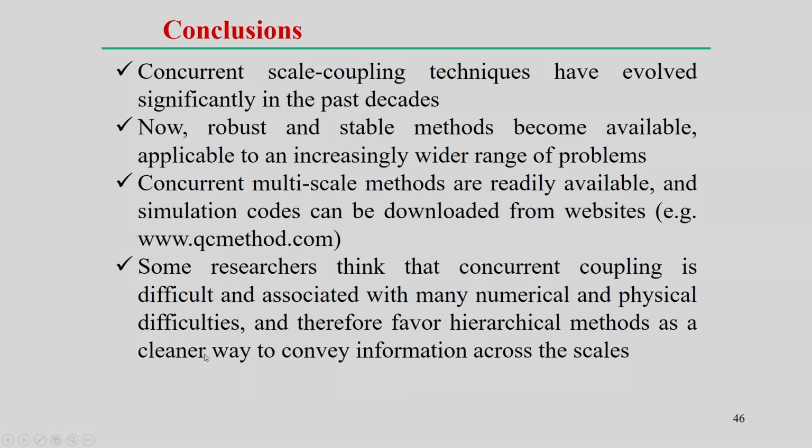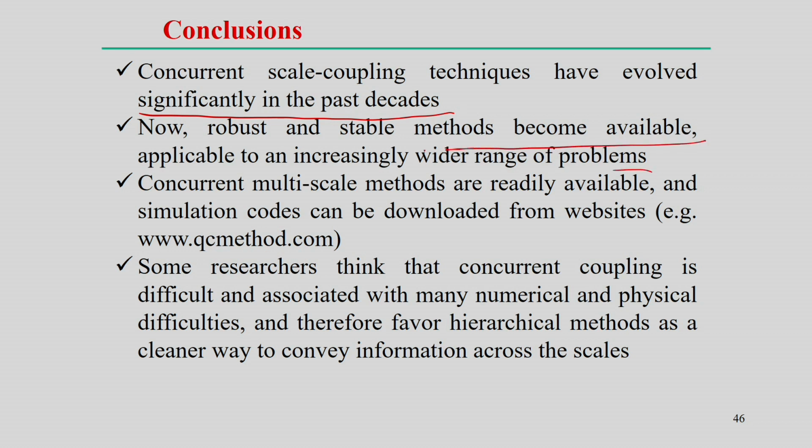Now, from these different modeling approaches at different scales, we can make some conclusions, namely on concurrent scale coupling. Concurrent scale coupling techniques have evolved significantly in recent decades. People have tried to use concurrent scale coupling techniques for the development of multi-scale models, and the most robust and stable methods have become applicable to an increasingly wide range of problems.